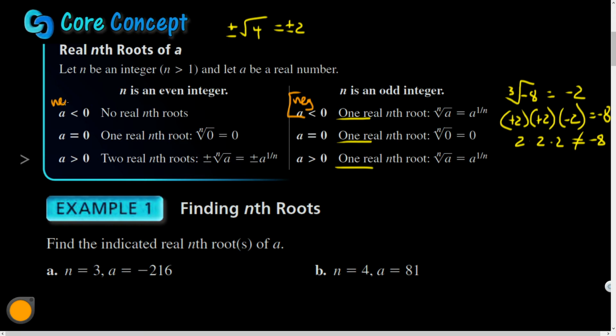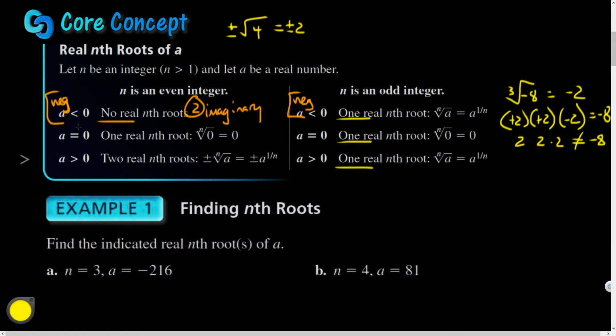So if I take an even root of a negative number, there are no real roots. But we do know that there are imaginary roots, and it turns out there will be 2 of them. That'll come into play a little bit later as well. If I take an even root of 0, like a 4th root or a 6th root, it's just 0.